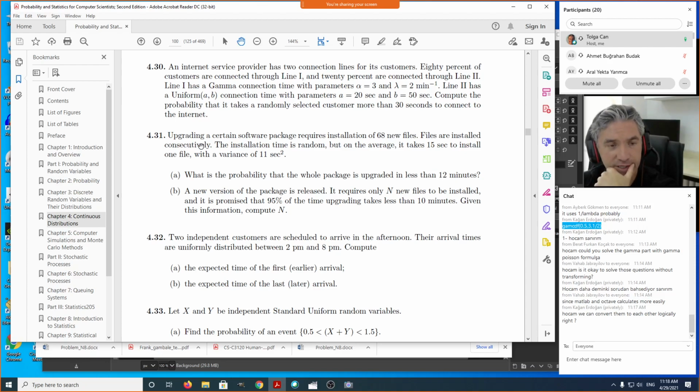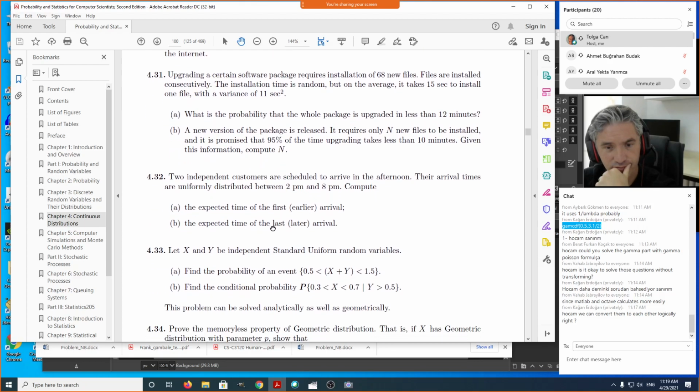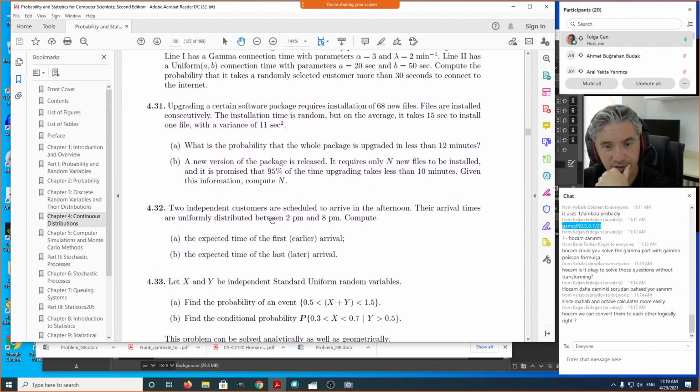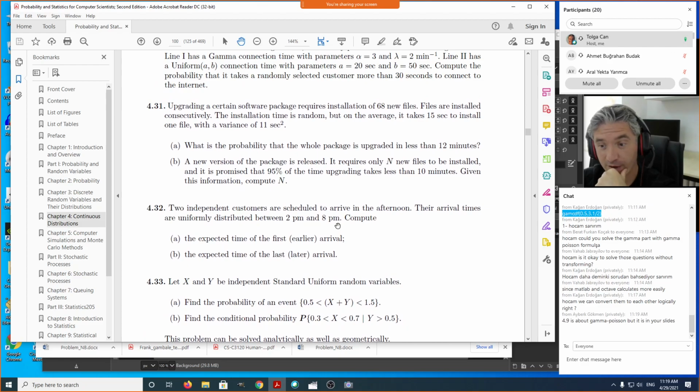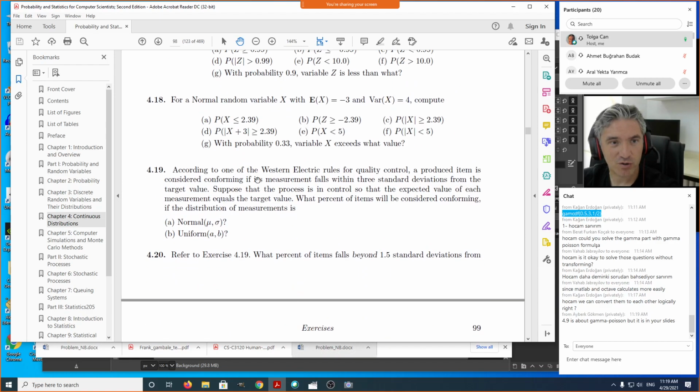Should I solve, for example, 31, or what about 32? It's about expected times. Two independent customers are scheduled to arrive. You were going to solve the gamma Poisson formula, and 4.9 we already solved, I think.